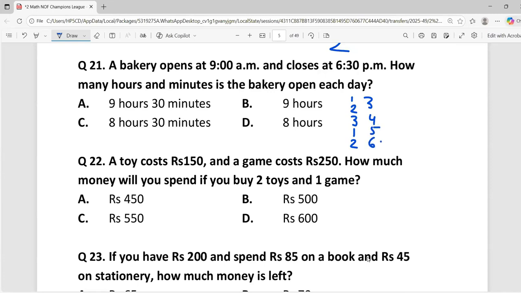And then half an hour, 30 minutes. So it's 1, 2, 3, 4, 5, 6, 7, 8, 9, and 30 minutes, which means 9 hours and 30 minutes. It is option A, 9 hours and 30 minutes.